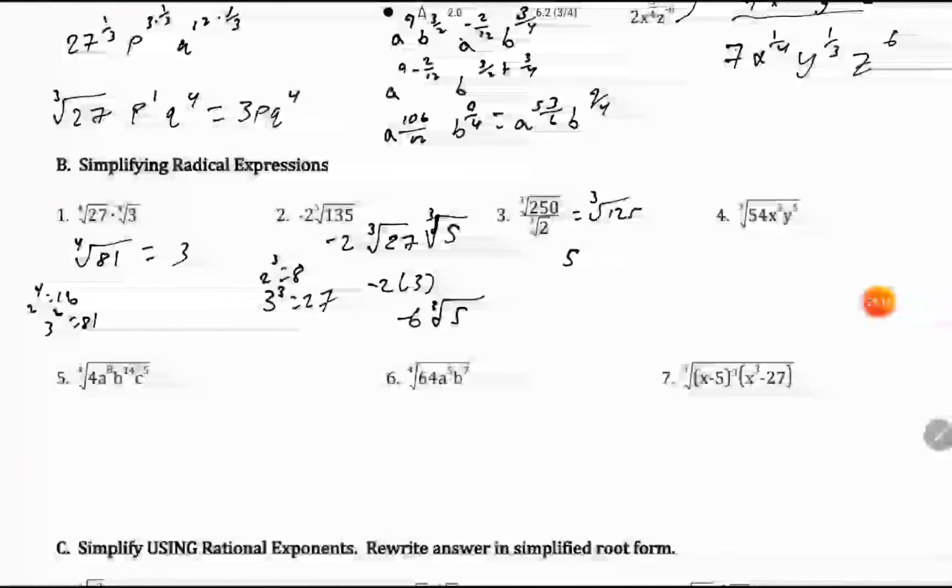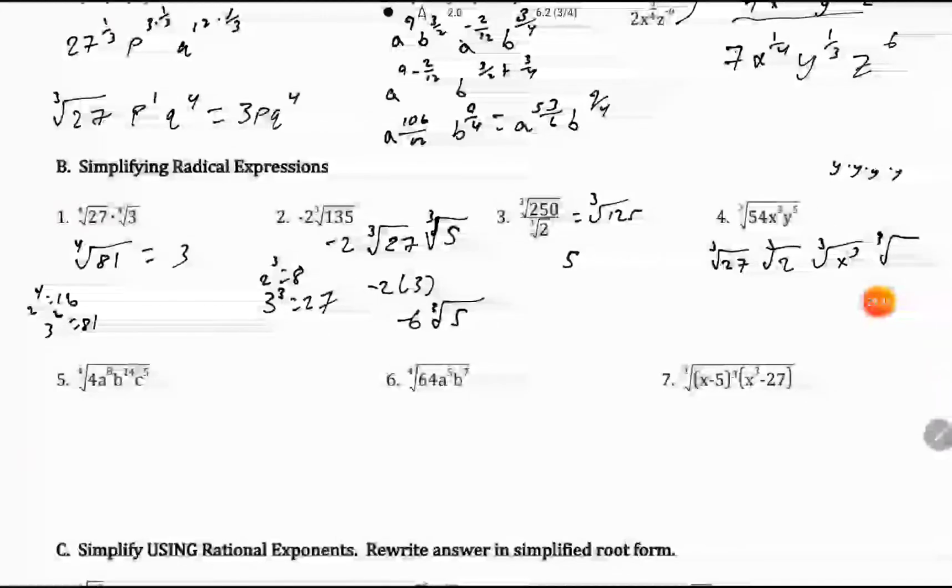Split this up. Cube root of 54. We like to use this number a lot. This is the same thing as the cube root of 27 times the cube root of 2 times the cube root of x cubed times the cube root of y to the 5th. Remember, that's just y times y times y times y times y.